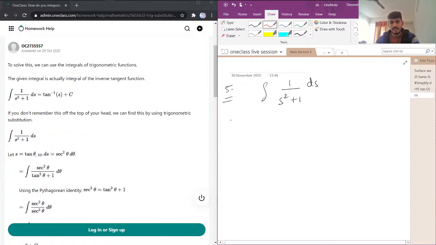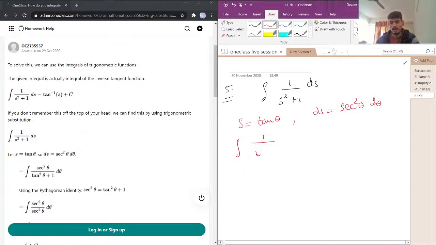So let us say my s is tangent of theta, then ds will be secant square theta d theta. So let us substitute back s in this equation.